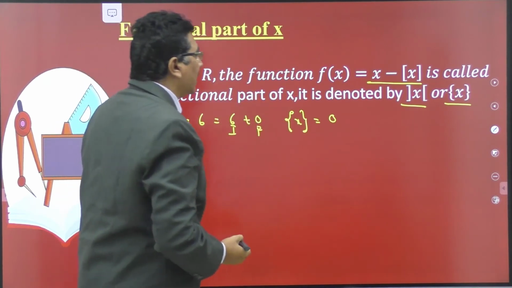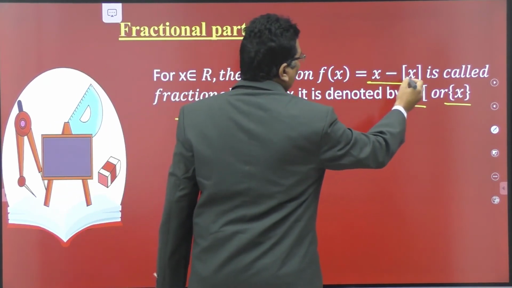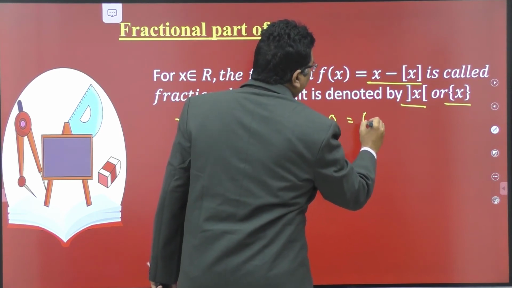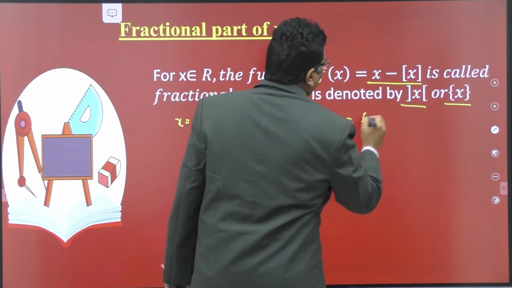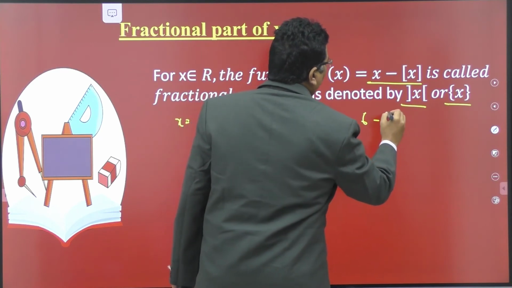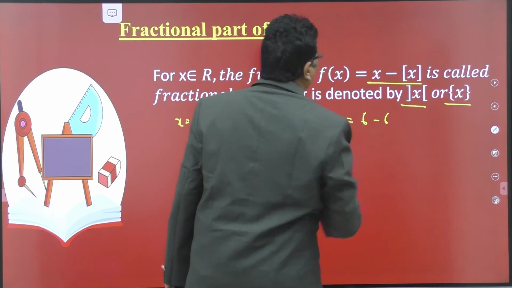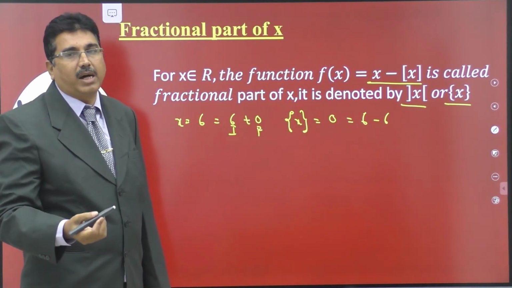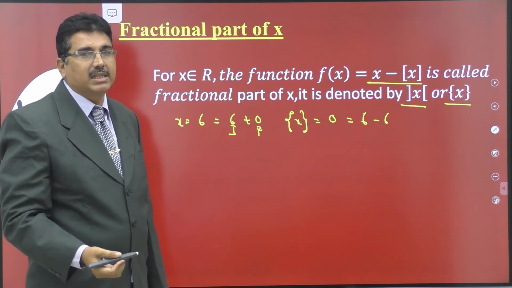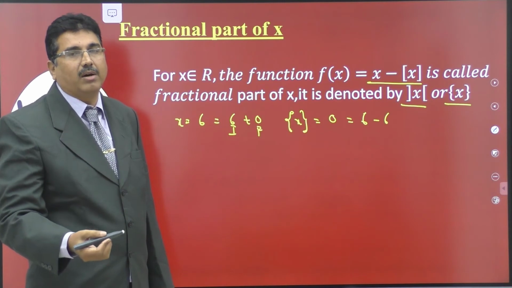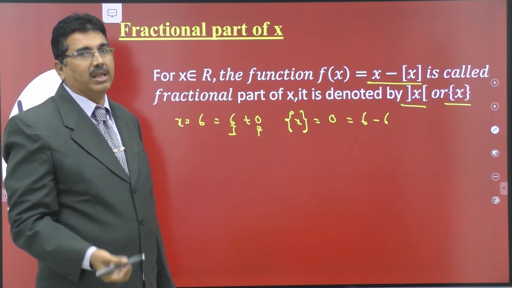By using this definition, x minus floor of x, here x is equal to 6 and floor of x is also 6, so that is equal to 0. Simply, the fractional part function always indicates the fractional part of any real number.